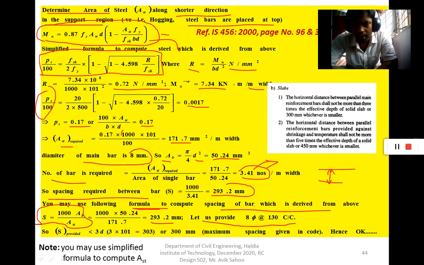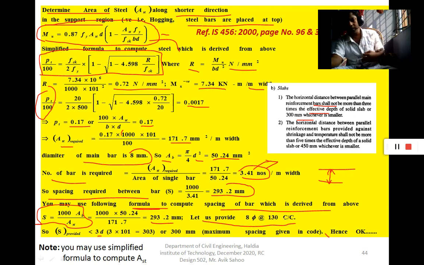The code says that the distance between bars shall not be more than 3 times the effective depth or 300 mm, whichever is smaller. So we check it, and this is hence okay.